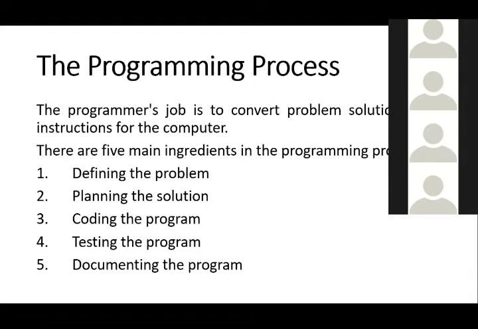Programming process. So the programmer's job is to convert problem solutions into instructions for the computer. There are 5 main ingredients in the programming process. So the first is defining the problem. Second is, Paulo, Dasco. Planning the solution, ma'am. Third is, Frank Rio.